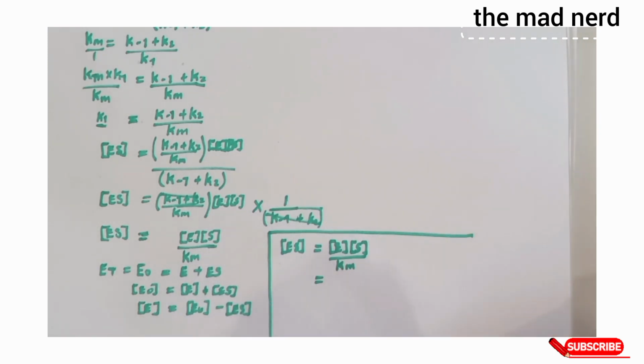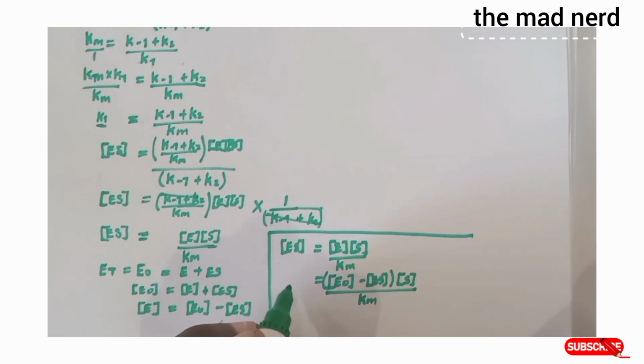And then now we have the concentration of E as this one. So let's replace the concentration of E with this: E naught minus the concentration of ES. And let's not forget that we have the concentration of S over here, then over Km.